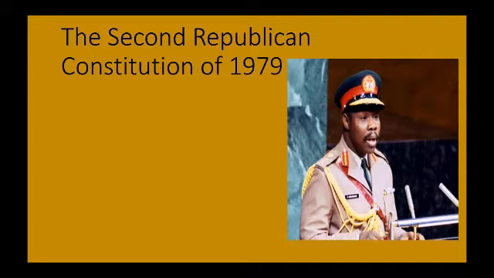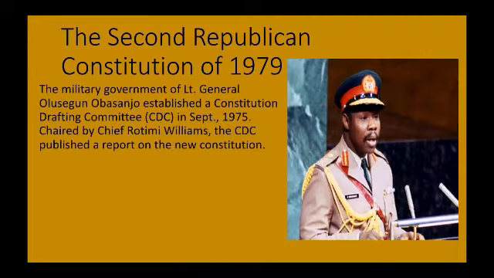He was the person that ensured that this constitution came alive. So it was the military government of Obasanjo that established a constitution drafting committee. And this committee was chaired by Chief Rotimi Williams.